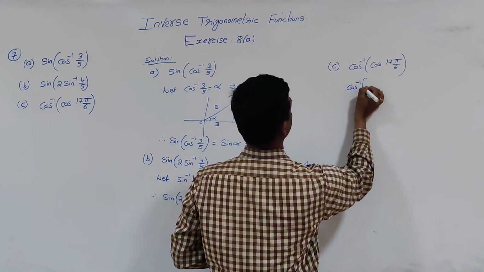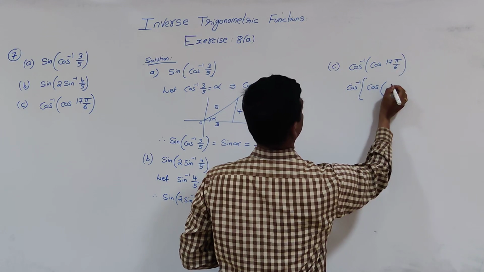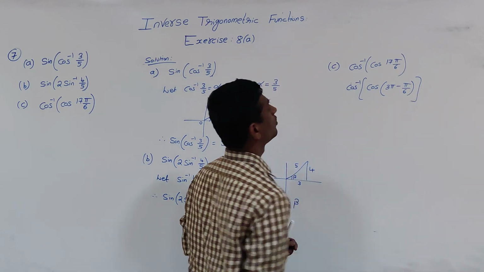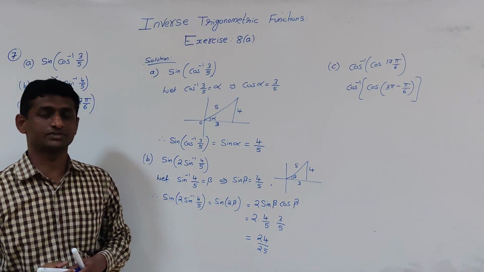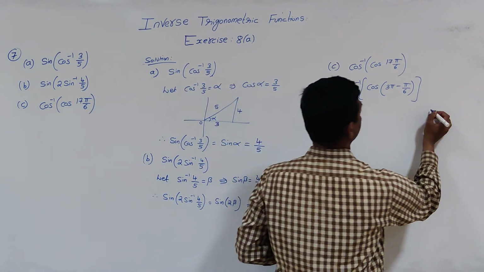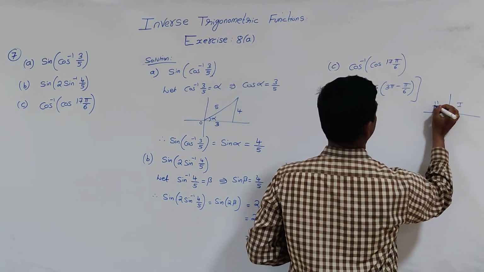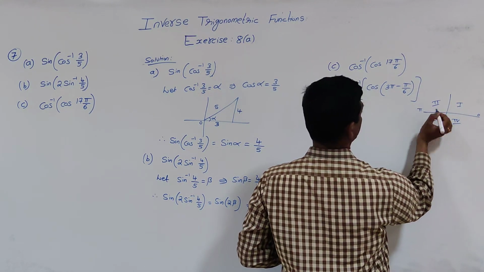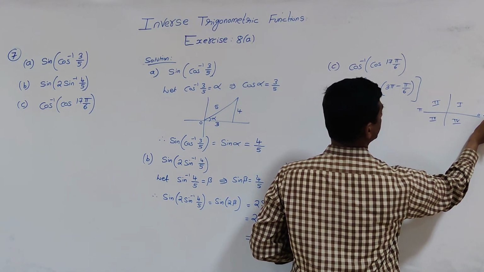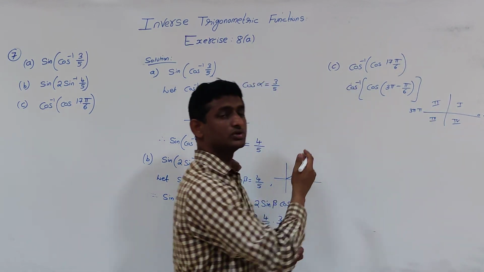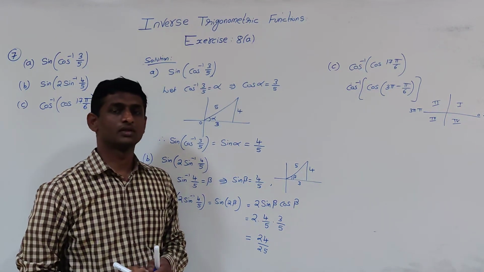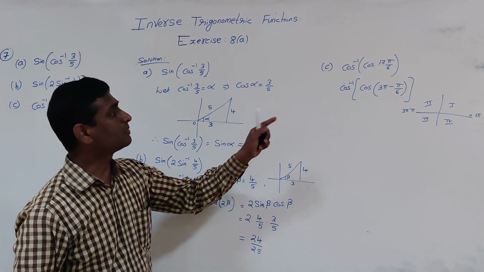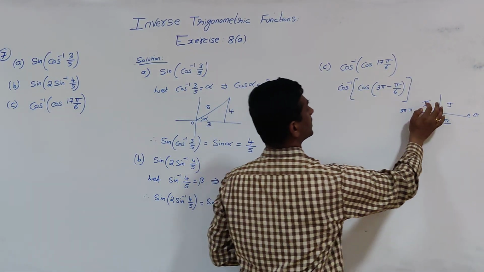Cos inverse of cos of 17π by 6 can be written as 3π minus π by 6. Now where does 3π minus π by 6 lie? If you go for the quadrants, first, second, third, fourth, 0, this will be π, again when it rotates it will be 2π, and this will be 3π. So 3π is approximately 540 degrees. It lies on the negative x-axis, and minus π by 6 means it lies in the second quadrant.